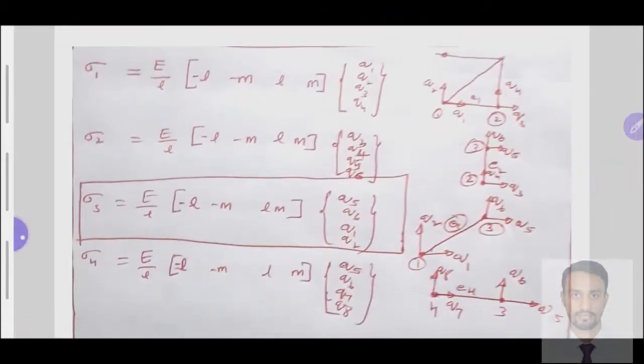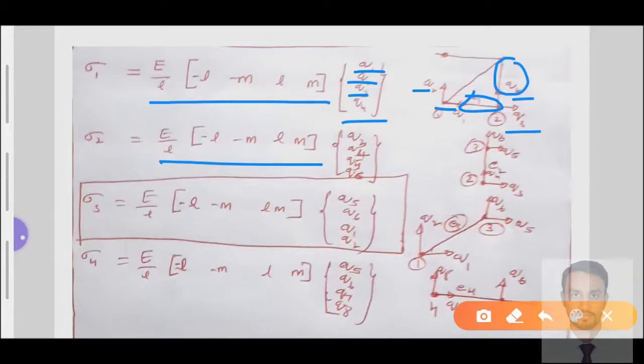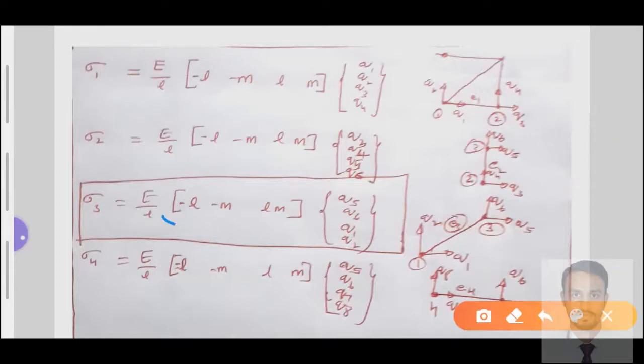You can now easily understand element number 1: q1, q2, q3, q4, we have taken, and this remains the same. Then for element number 2, it starts from q3, q4, q5, q6. Similarly, element number 3 remains the same, but it has been inclined.